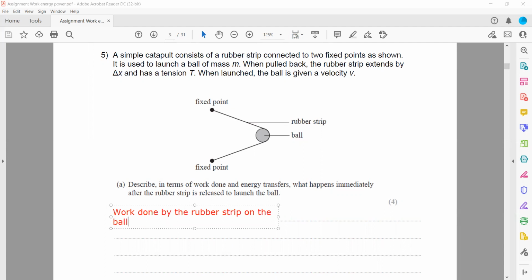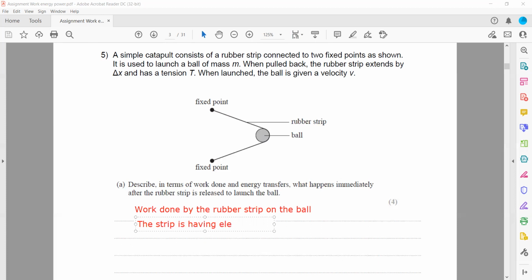And which form of energy is the rubber strip having? The strip is having, because it deforms, changes length, shape and size, so the strip is having elastic strain energy.